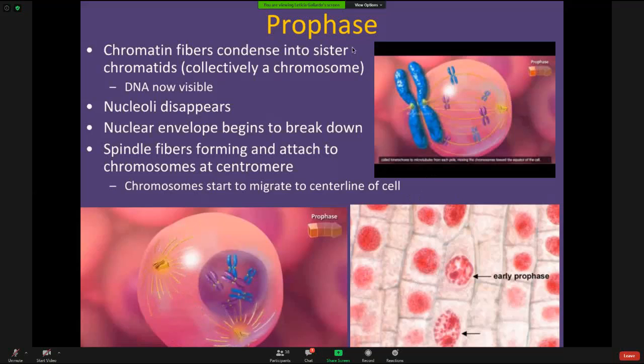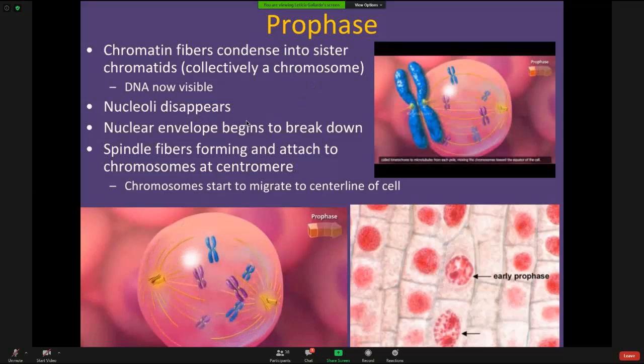So in early prophase, what you're going to start to see is it's going to start to look like strands as those chromosomes start to condense up. So you're going to be converting chromatin to chromosomes, and as you do so, look at here, you can see the nucleosomes. And later on, you'll be able to see the actual sister chromatids.